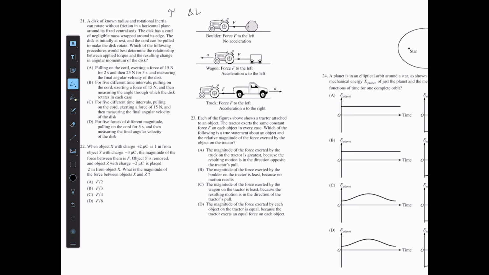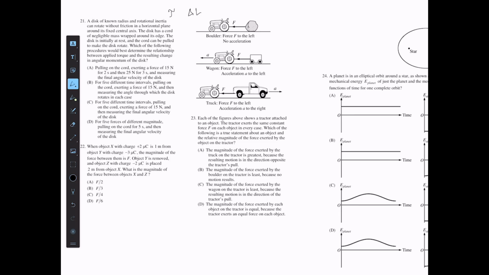Let's see. So part B looks wrong because we want to know the relationship between applied torque and angular momentum. So what we should do is use different values of torque and see how it changes the angular momentum.